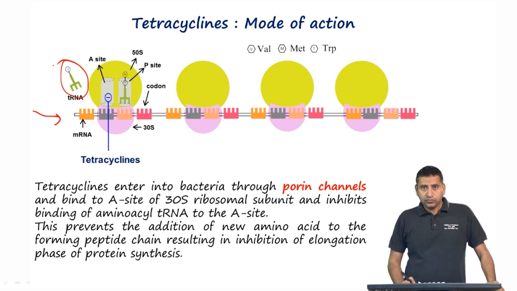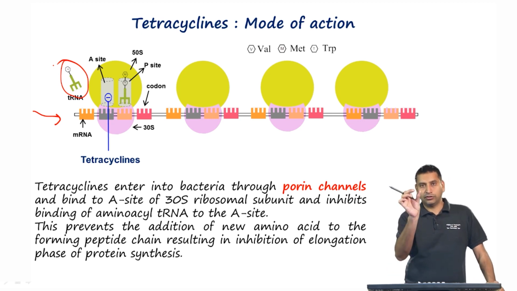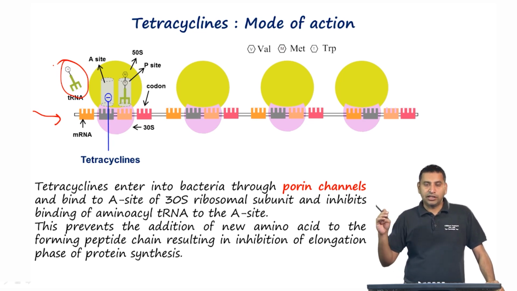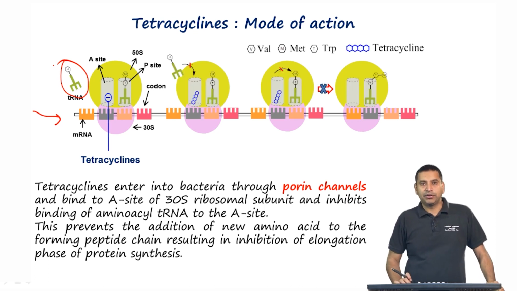So, what happens is that we have already discussed this previously. There is an A site and there is a P site, and there is a codon, and the codon is a 3 nucleotide unit which codes for the amino acid. Now, once the tetracyclines enter through the pore channels, then they go and bind to the A site. Okay.